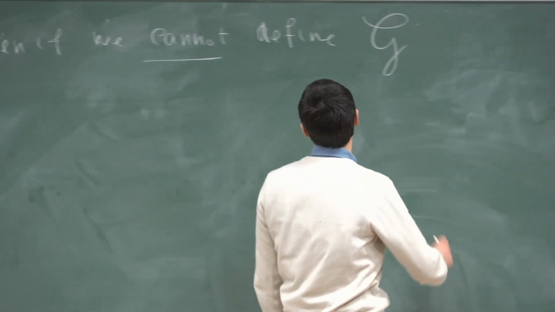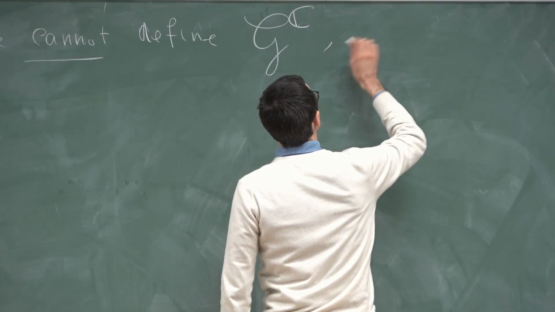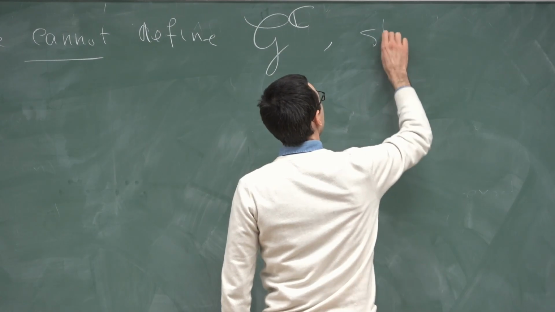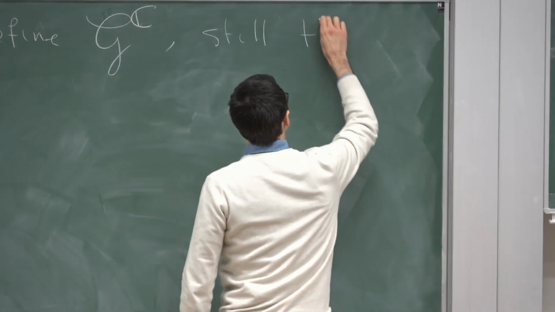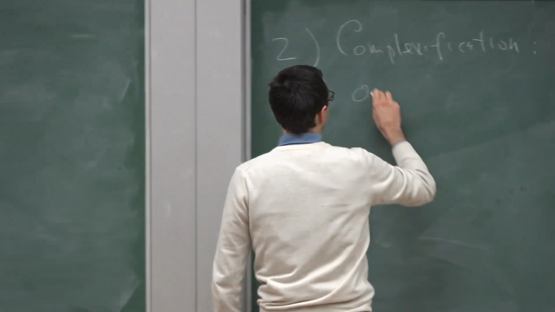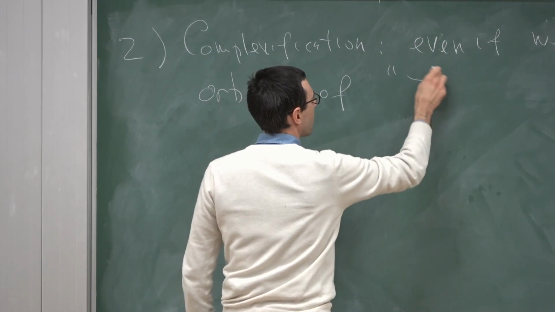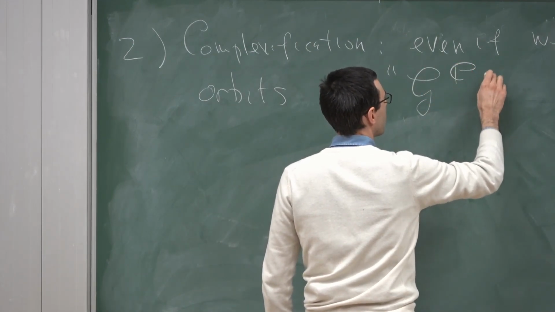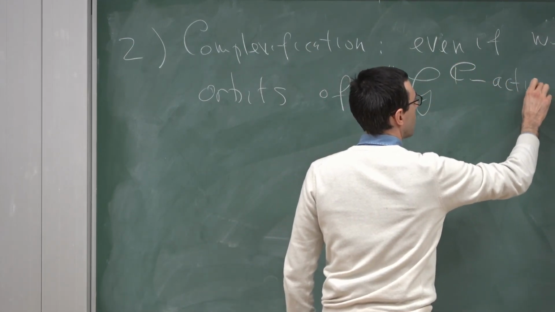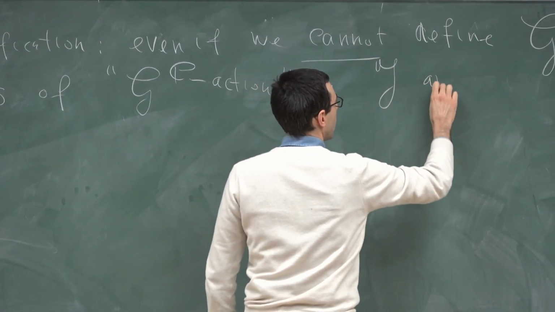That's not well defined. Still, the orbits of some sort of GC action on J are well defined.